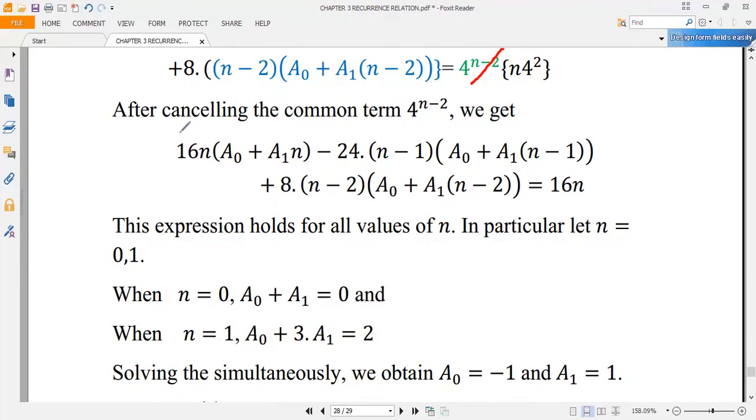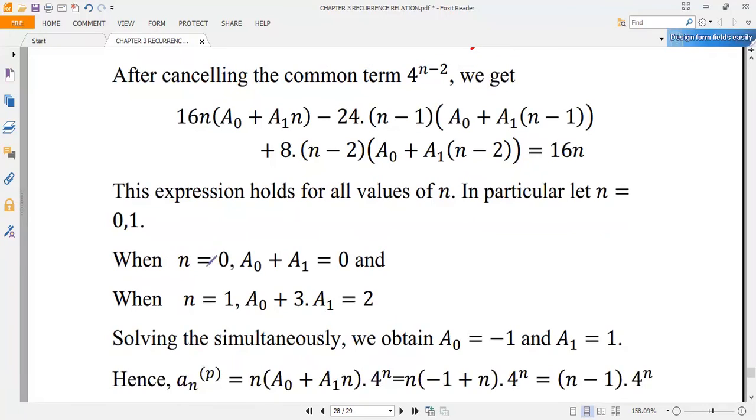Now, this expression holds for all values of n. So substituting the values 0 and 1 in particular, you will get two equations. When you substitute n equals 0, you get a0 plus a1 equals 0. When we substitute n equals 1, we get a0 plus 3a1 equals 2.